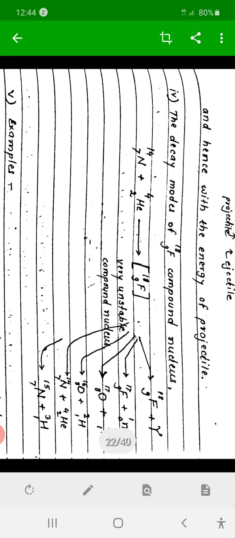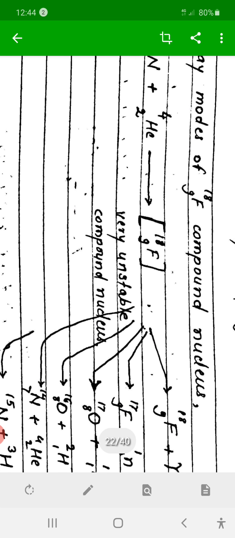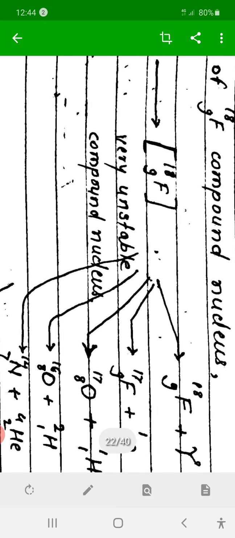The target absorbs the alpha particle; the projectile is highly energetic, and because the nitrogen absorbs it, the nitrogen is converted into an intermediate compound nucleus, which is very unstable and highly energetic.